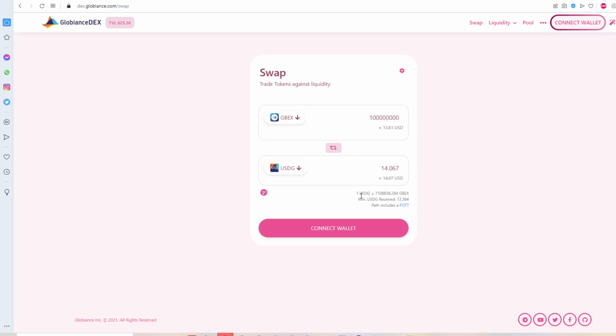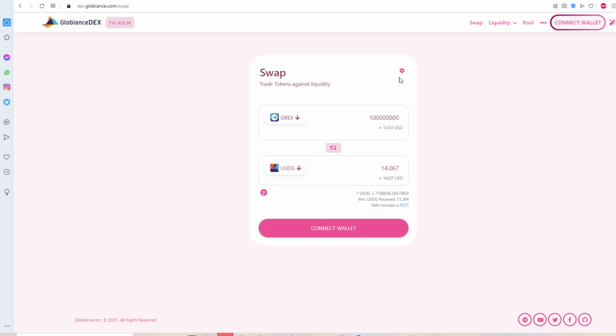There is nobody saying I currently have exactly that price on an order book somewhere, but it just tries to get as much USDG as possible from the liquidity on the DEX. So it tells me the minimum I will get is that, but it expects me to get 70 cents more.